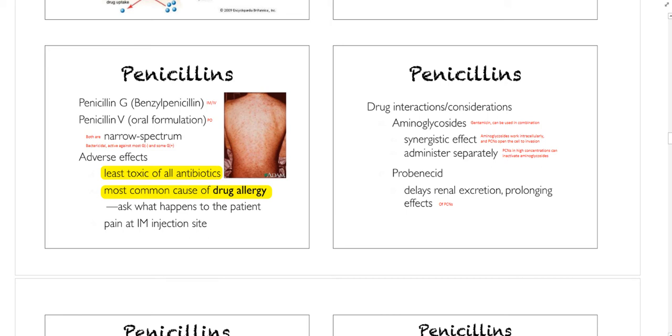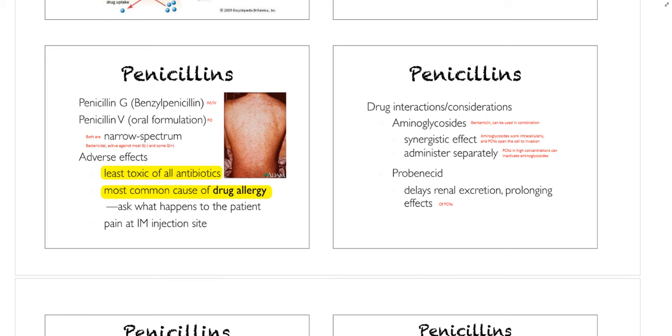Luckily, these are the least toxic of all antibiotics, so they are a great first go-to for certain infections. Unfortunately, they are also the most common cause of drug allergy, but a lot of times penicillin does not cause a very significant reaction. So the number one thing to do when we hear that they have a drug allergy to penicillins is to ask, what kind of reaction do you have?